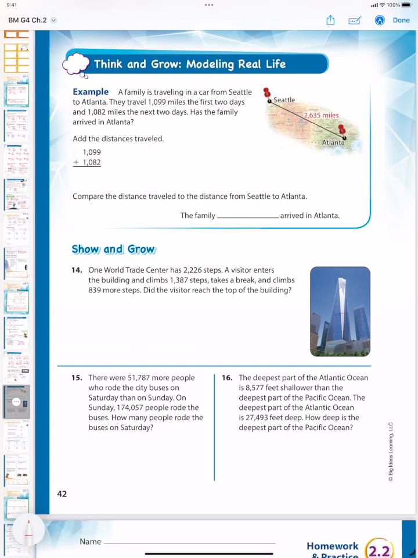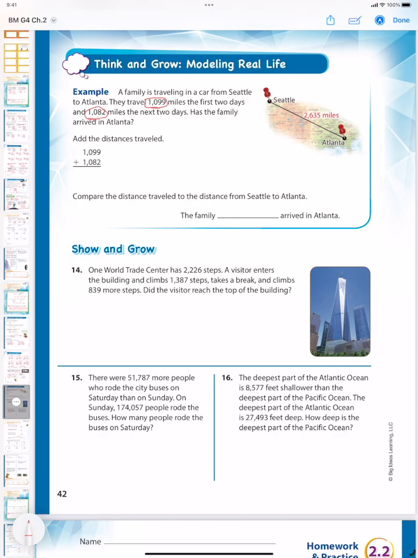Example, a family is traveling in a car from Seattle to Atlanta. Now they travel 1,099 miles the first 2 days and 1,082 miles the next 2 days. Has the family arrived in Atlanta? Add the distances traveled.